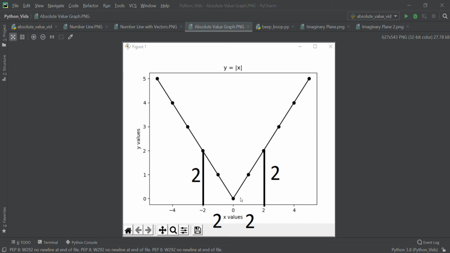So as you can see in the title of this graph that I made, we asked the computer to plot on the y-axis the absolute value of the numbers in the x-axis.